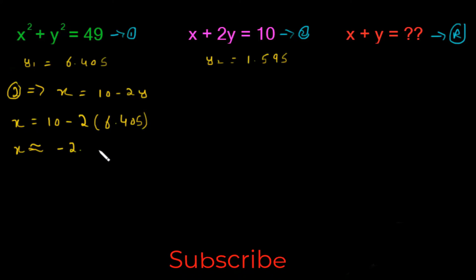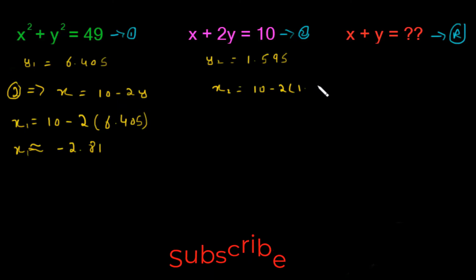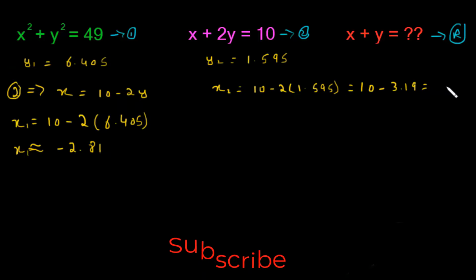And here it will get me x is approximately equal to, as this value has been approximated, minus 2.81. And for this one I will also use this equation, so let me name x sub 1 and here x sub 2, with y having this value of 1.595. So after calculating, I will come up with 10 minus 3.19, which will get me 6.81.